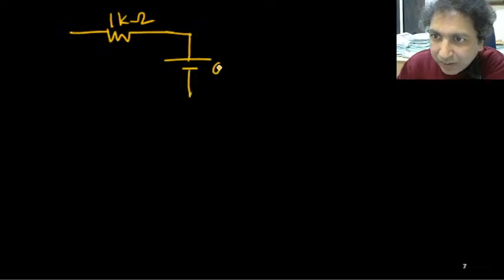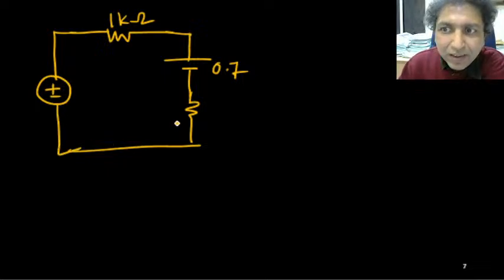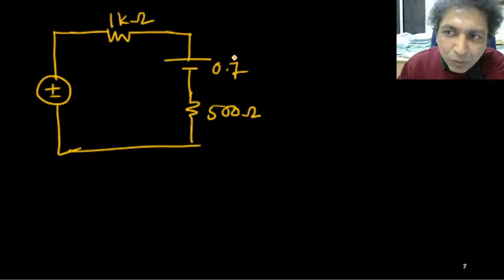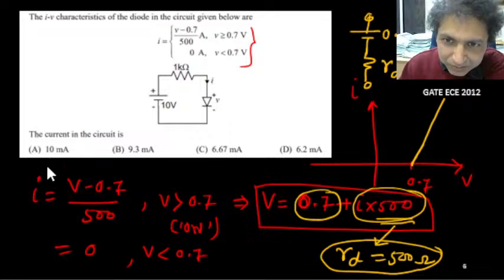So this is your 0.7 volt and it is having one resistance here, and this value is given 500 ohm. We need to calculate the current here. So what is the question? The question was to find out the potential across this diode.